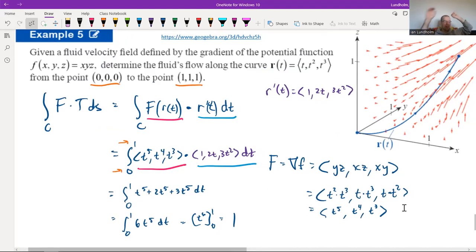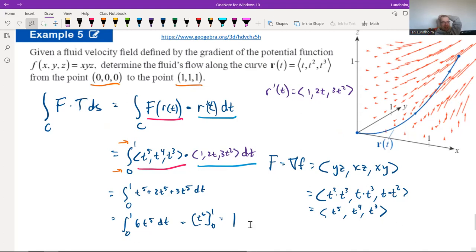Okay, example 5. We've got this vector field and it's simulating some kind of fluid flow. We're given a potential function of x, y, z, and we are determining the fluid's flow along this curve.